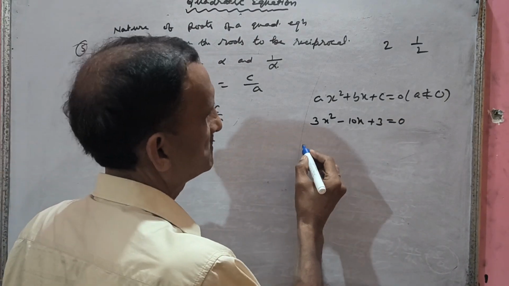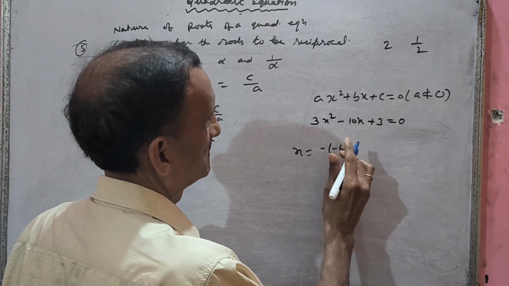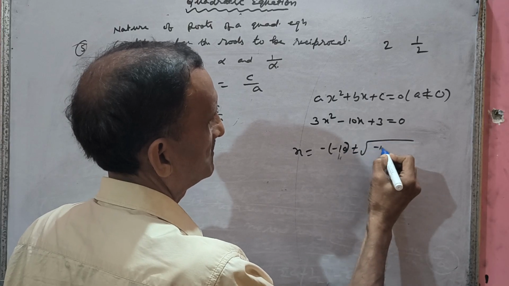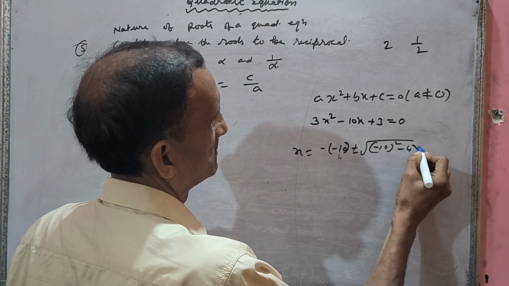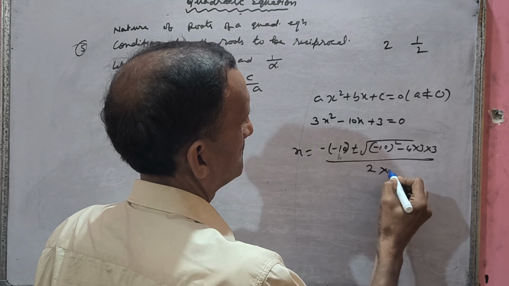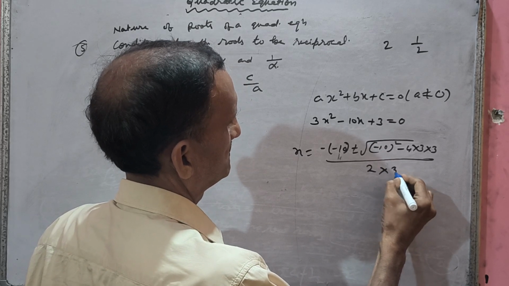You will find the roots, then what will you get? x equals, using the formula, minus b, which is minus 10 now, plus minus under root b square minus 4ac by twice a.